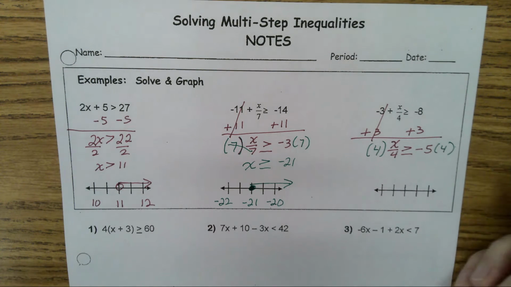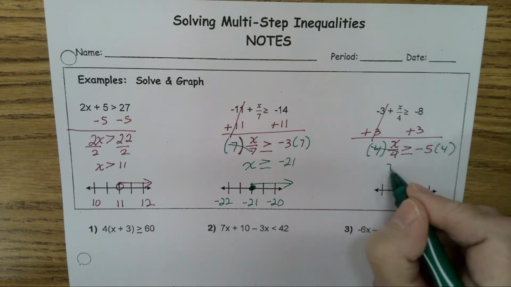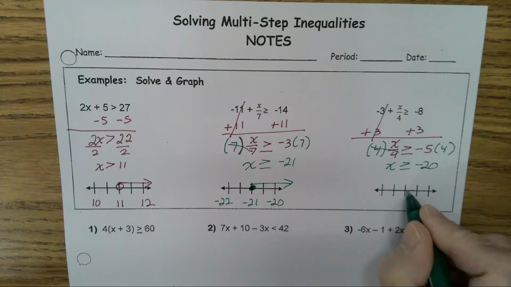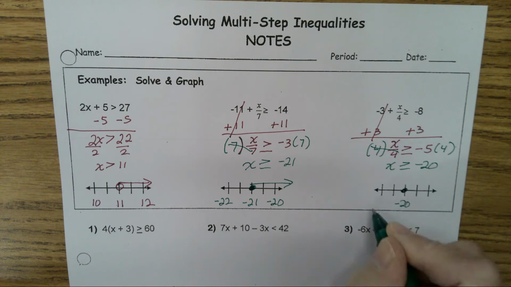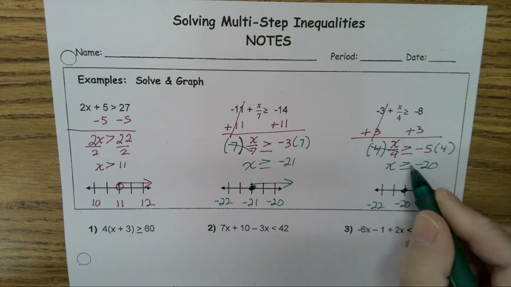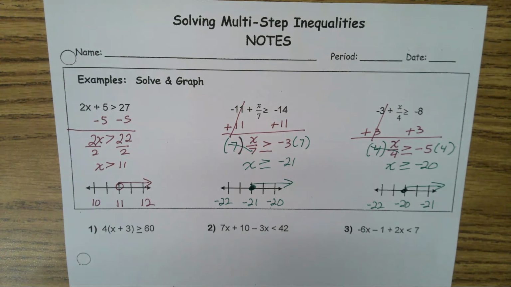And yes, you have to show this step. X is greater than or equal to negative 20. Closed circle, negative 20, negative 22, negative 21. X has the big end, big numbers go to the right.